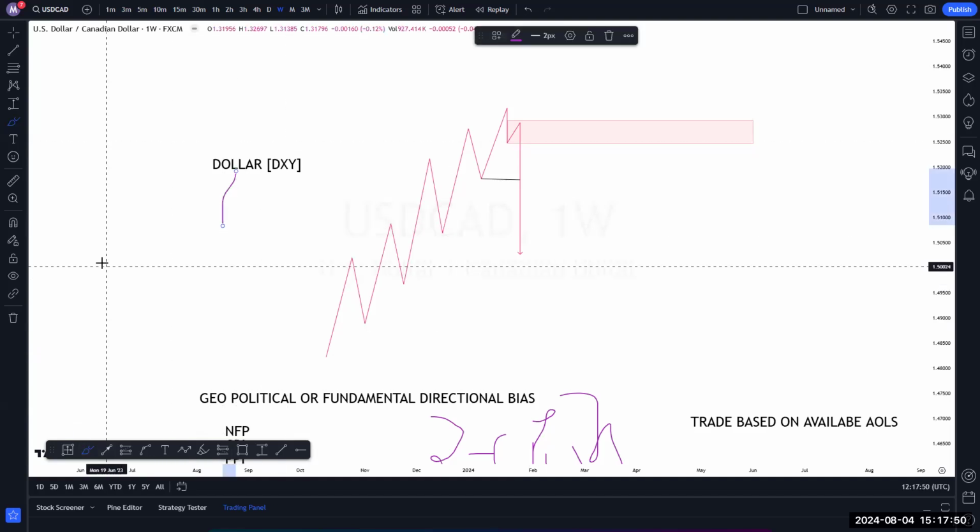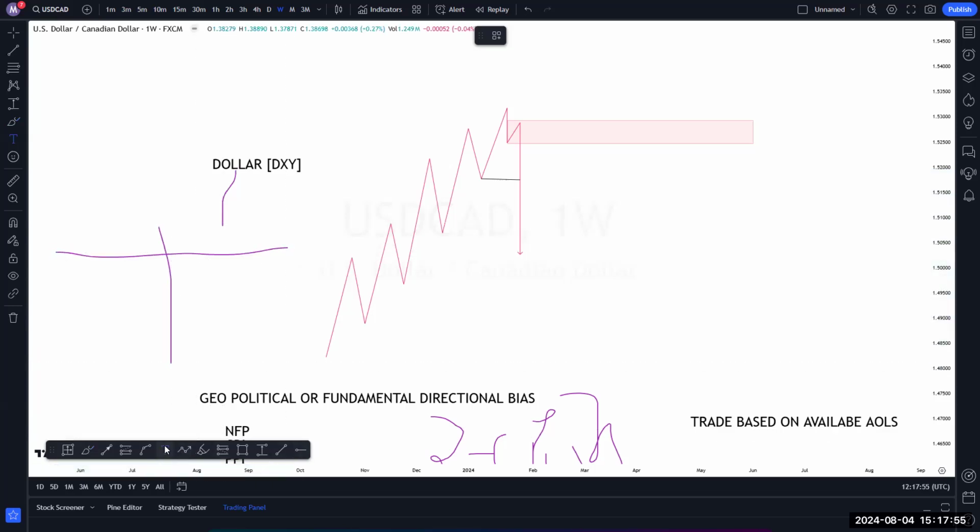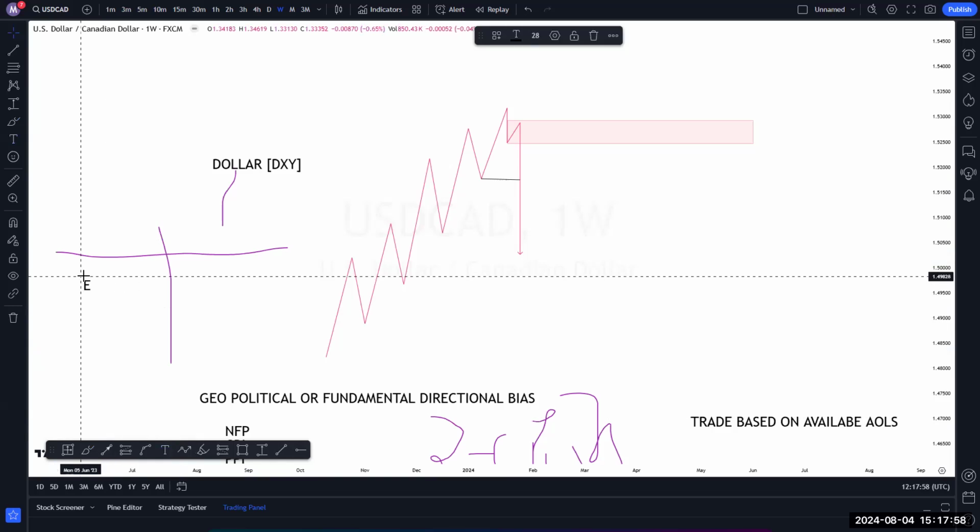So we have two categories. Here we have EURUSD, GBPUSD, NZDUSD, AUDUSD, XAUUSD.